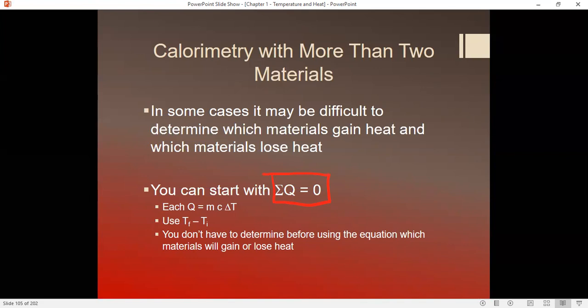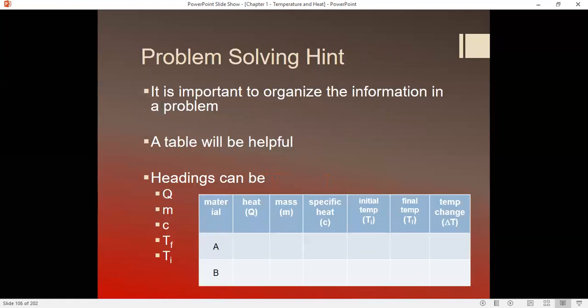Okay? Generally, we drop a hot metal into a bath of cold water. The water gains heat, the metal loses heat. So there's a net 0 gain, okay, for the entire system. And as long as we keep the heat from the outside out, we can use the final temperature to find out specific heat.